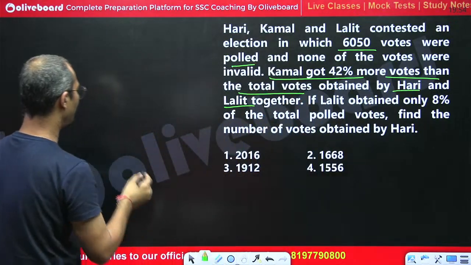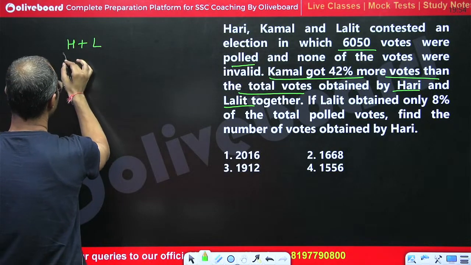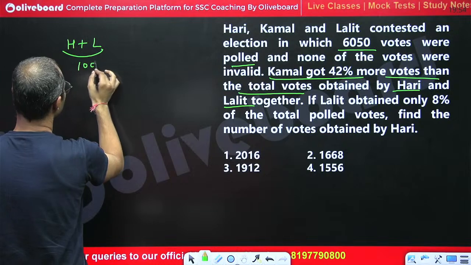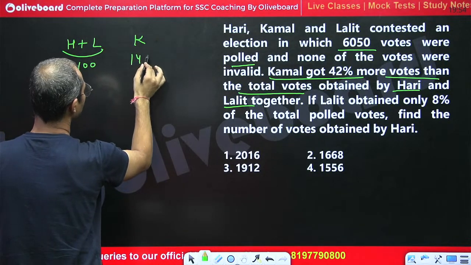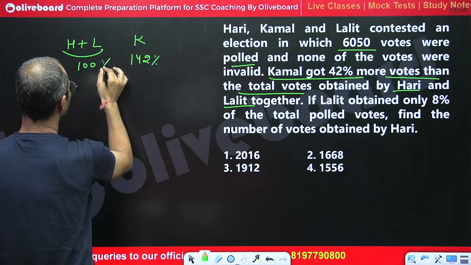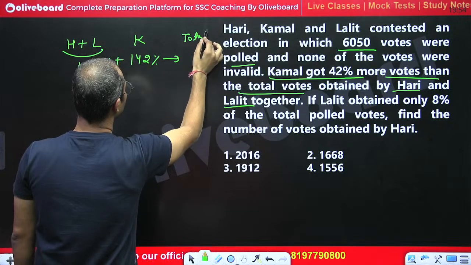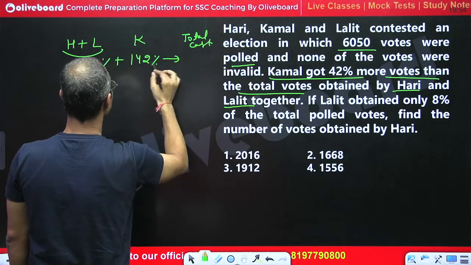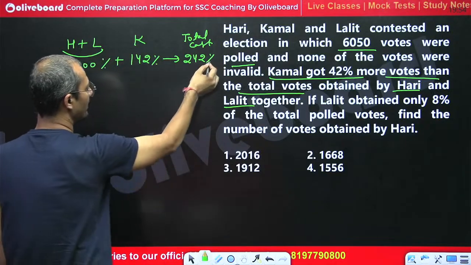See, if we say that the total vote received by Hari and Lalit is 100%, then the vote received by Kamal would be equal to 142%. So the total cast vote would be equal to 242%. Is this clear? Yes or no?